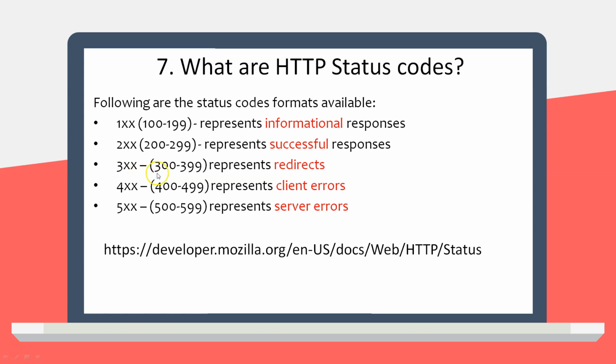Then the 300 series, 300 to 399, represents redirects or forwards. Okay, then we have got the 400 series, 400 to 499, which represents client error. So wherever you see this 400 series message, it means there is a problem with the REST client. And next one is the 500 series, so wherever you see the 500 series, it means there is a problem with the server.